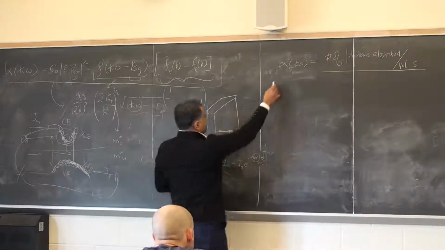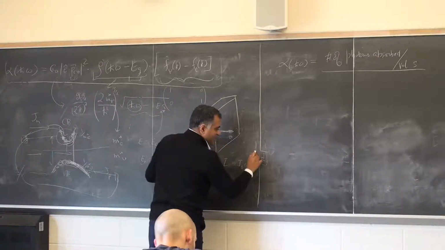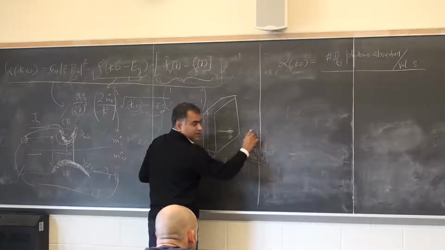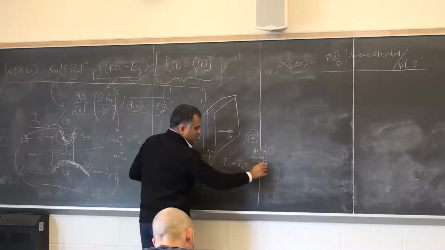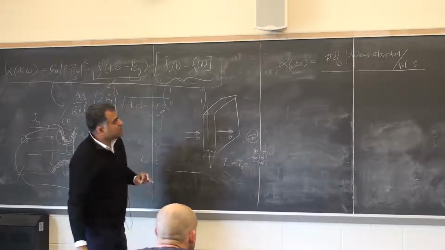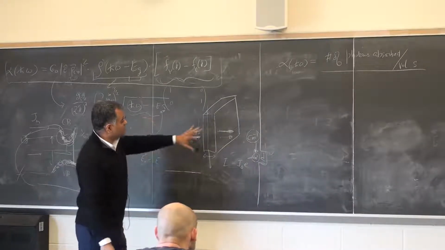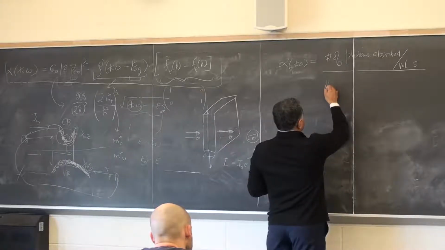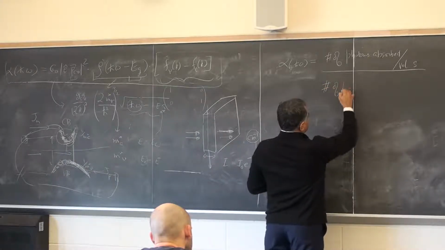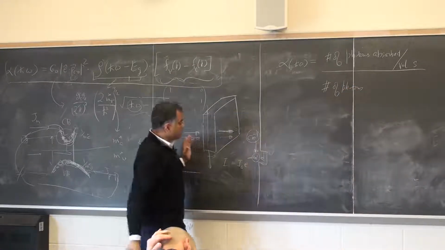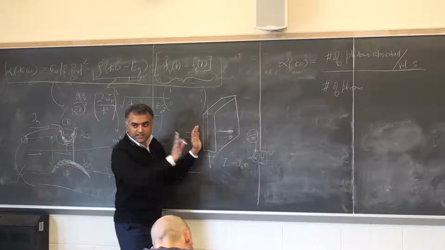Remember, the absorption coefficient has units of what? Inverse centimeters, right, because this is a length and intensity is decaying. So number of photons absorbed per unit volume inside this solid per second, divided by what should I have in the denominator? Number of photons that are incident on it per unit area.